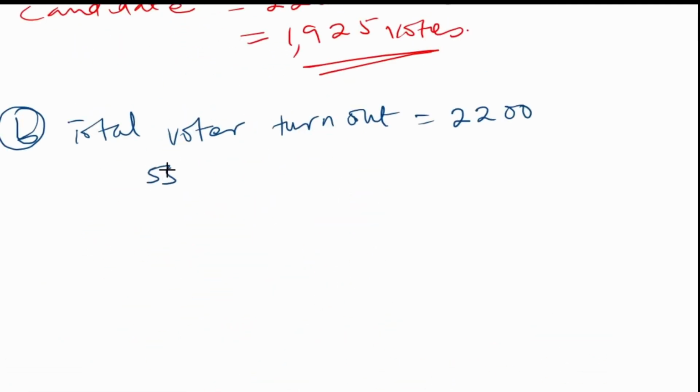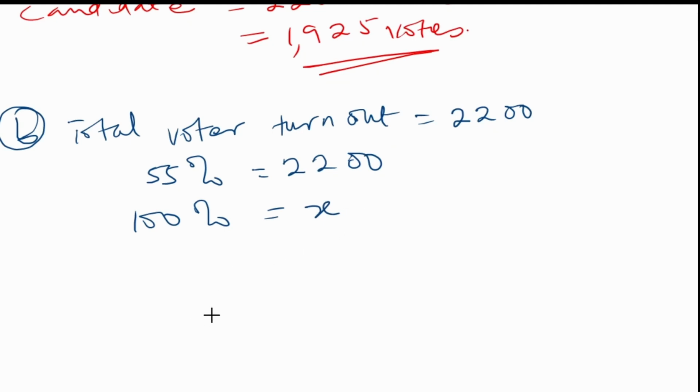If 55% of the total number of eligible voters is 2,200, then what would the 100% of the total number of eligible voters be? Let's let that be X. So that's what we have there.